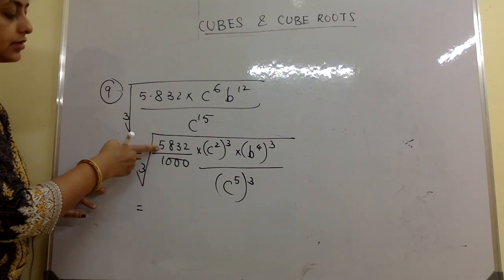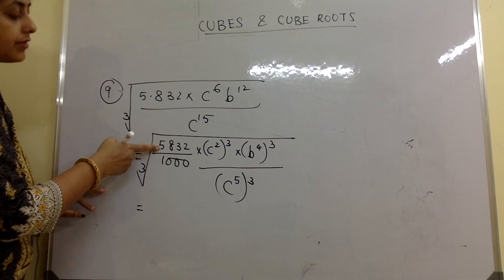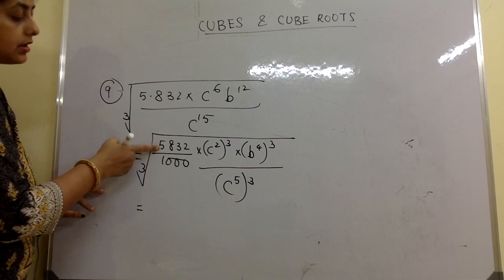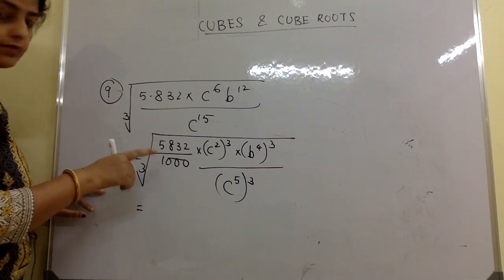First thing is, I need to know the cube root of 5832. So I need to do prime factorization for this.